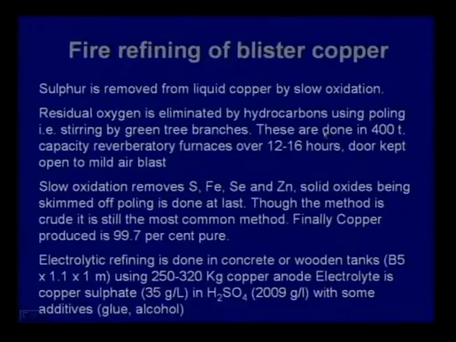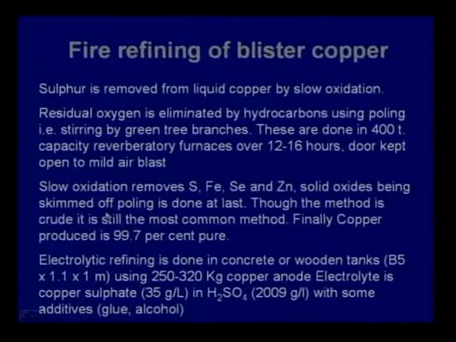This is done in a 400 ton capacity reverberatory furnace over 12 to 16 hours, with the door kept open to a mild air blast. This is the technique. Now, during the slow oxidation, many other things are also removed: sulphur, iron, selenium, zinc, with solid oxides being skimmed off, and poling is done at the end.